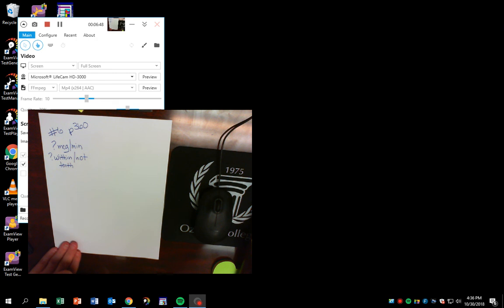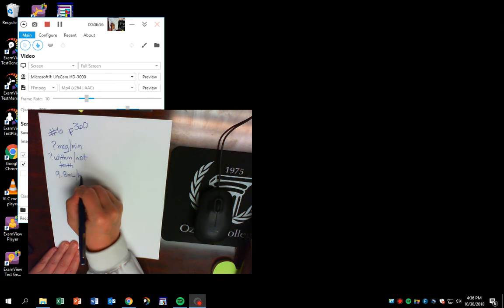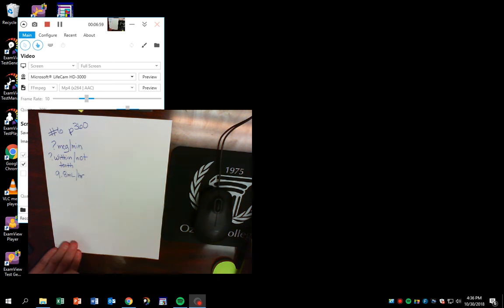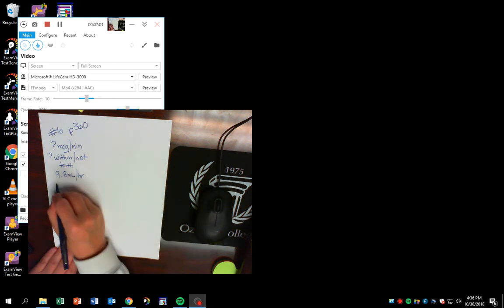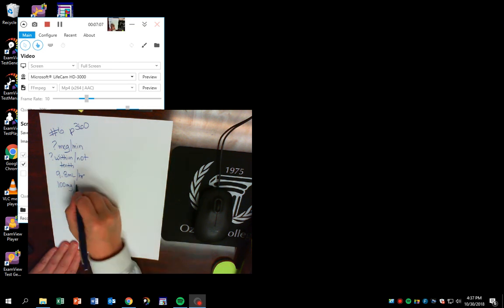So for number 6, it says a diltiazem IV drip is infusing at 9.8 milliliters per hour. The IV bag contains 100 milligrams of diltiazem in 100 milliliters.